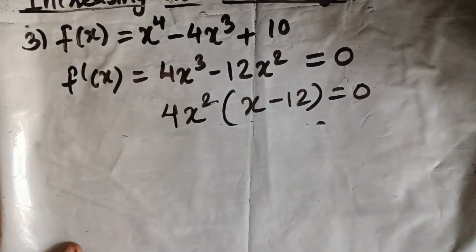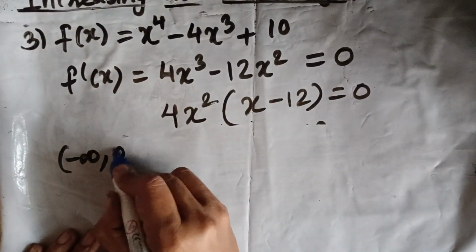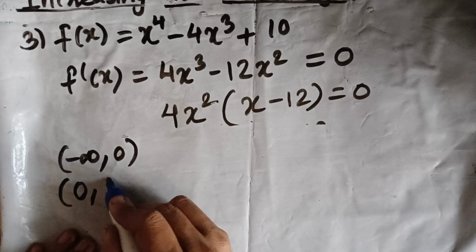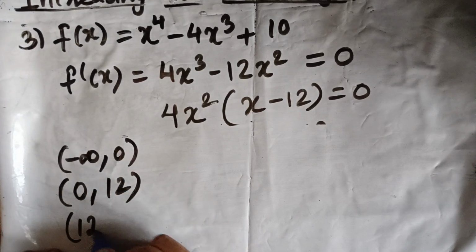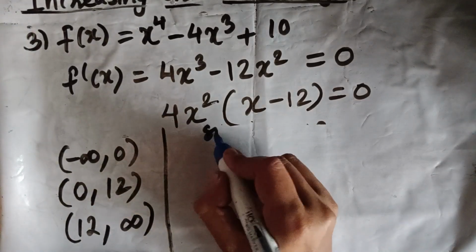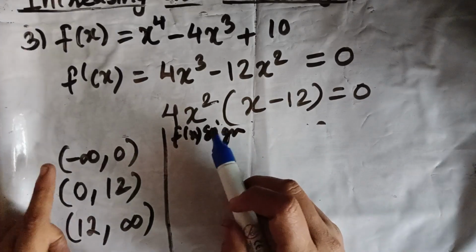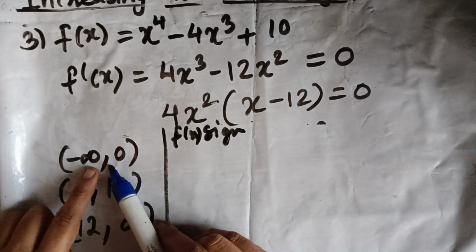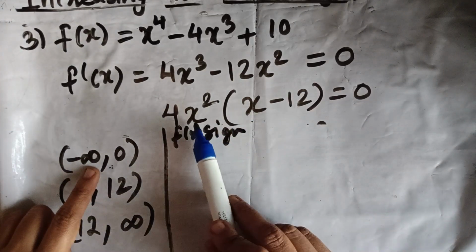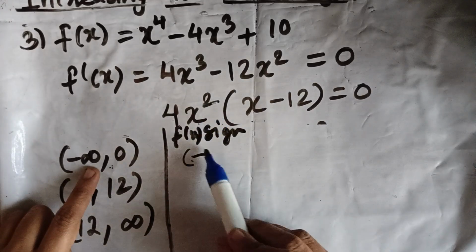I'll write here the intervals: minus infinity to 0, 0 to 12 and 12 to infinity, and the sign of f dash of x. For this, if I put minus 1, minus 1 squared is positive.